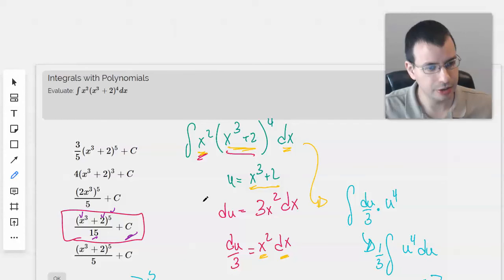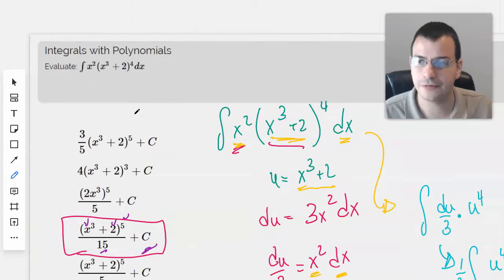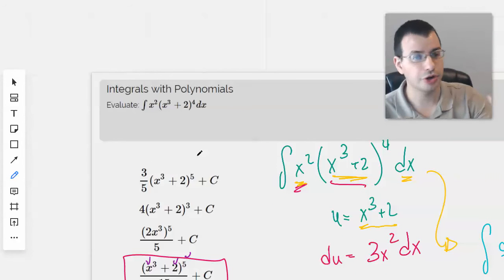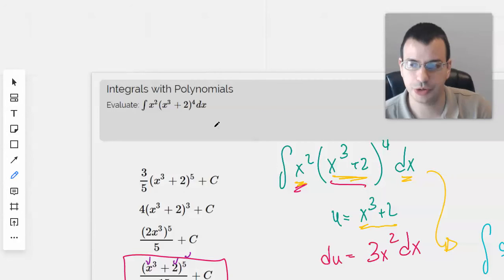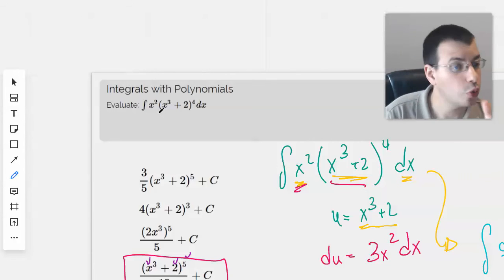So back to the big picture. Our first thought is to want to do the power rule because that's probably the easiest. But the power rule doesn't really work here. Well, we could use the power rule.